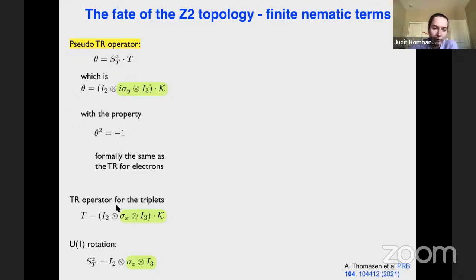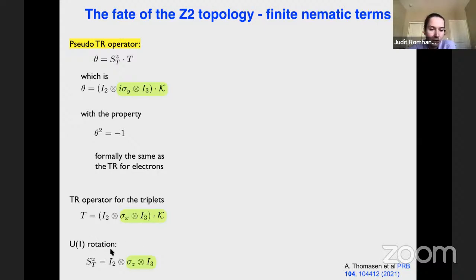So the time reversal operator acts on the up and down triplets in a way that it exchanges the +1 triplet with the -1 triplet, so the sigma x Pauli matrix, times the complex conjugation. And time reversal doesn't care about the sublattices, so that's just going to be an identity operator in the orbital subspace.